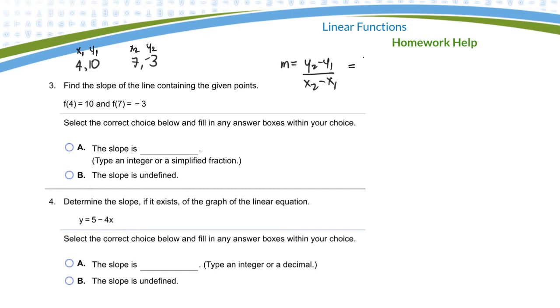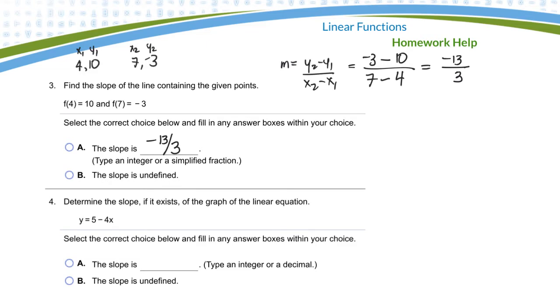So y2 is a negative 3 minus y1 is a 10 over x2 is a 7 minus x1 is a 4. So minus 3 minus 10 is minus 13. 7 take away 4 is 3. So the slope of that line is negative 13 over 3.